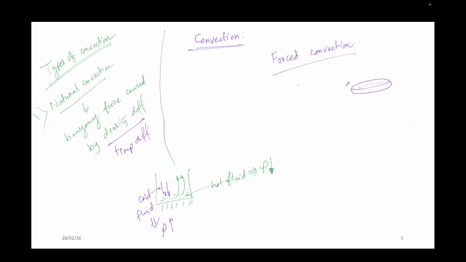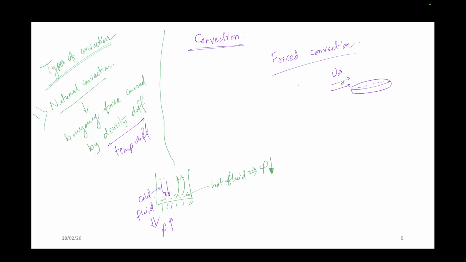But if you are in a hurry, you need to cool it in a quicker time. So what you do, you blow air from your mouth. Because of this blowing air, it will cool faster, because here the fluid motion is from an external source. So that's why it is known as forced convection.